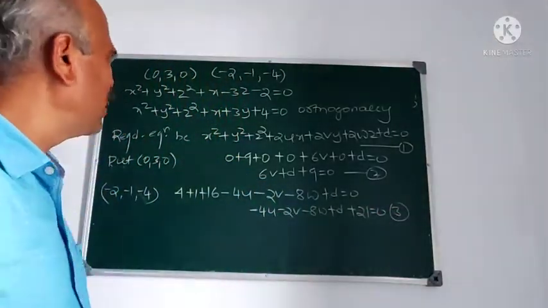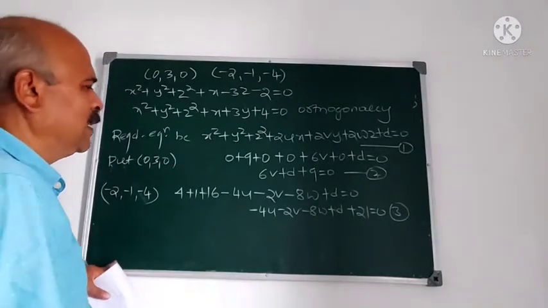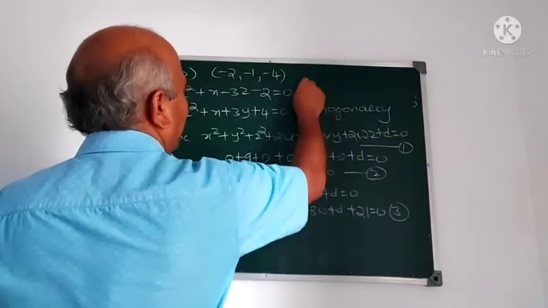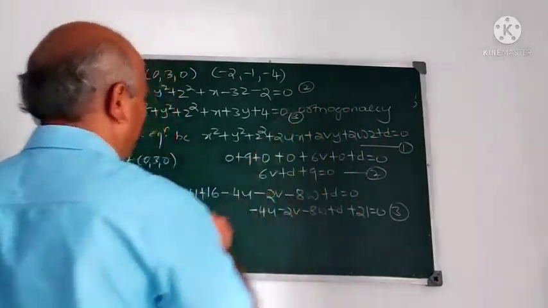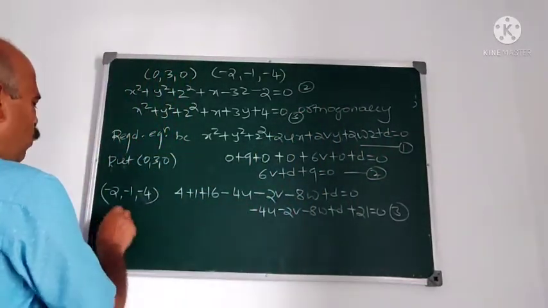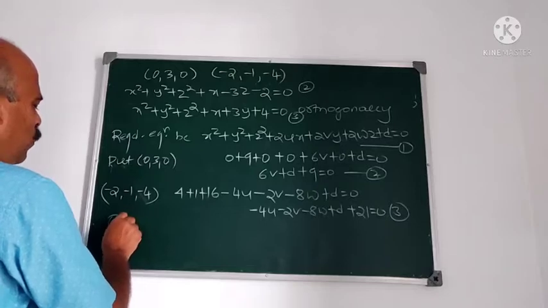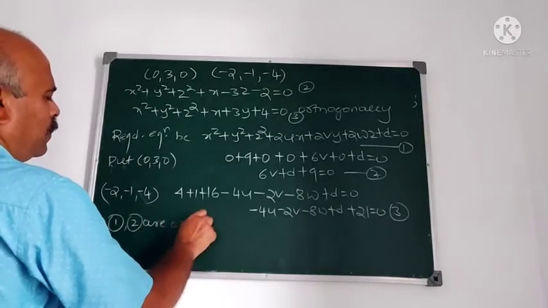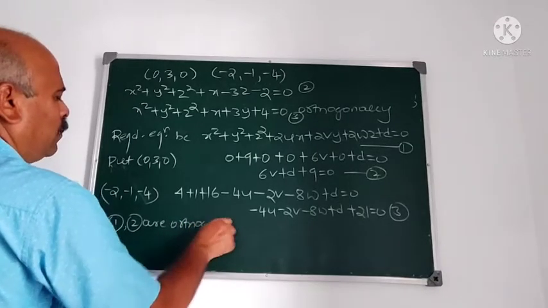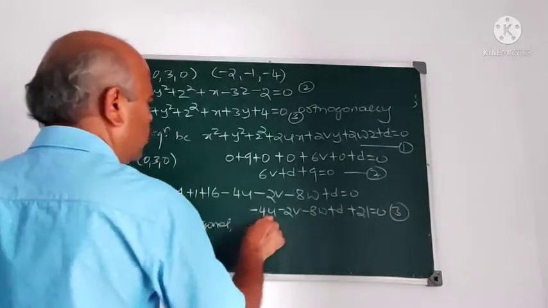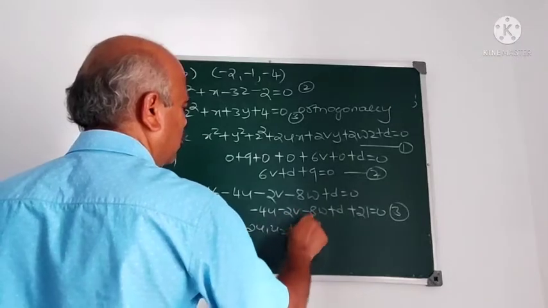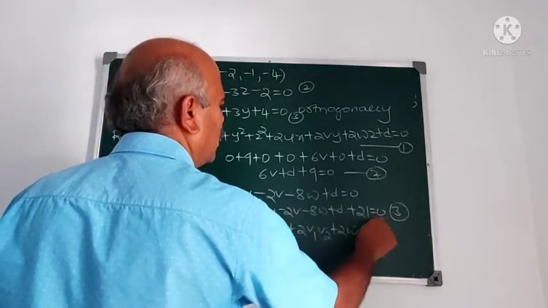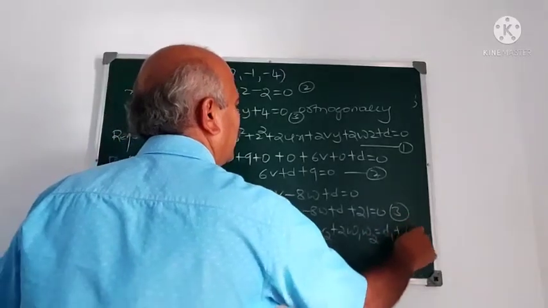Next thing is important. We have to use the orthogonality: this is 1, I take the given sphere as 2 and 3, and 1 and 2 are orthogonal. Therefore, 2u1 u2 plus 2v1 v2 plus 2w1 w2 is equal to d1 plus d2.